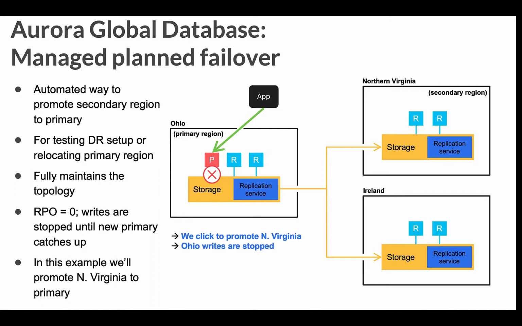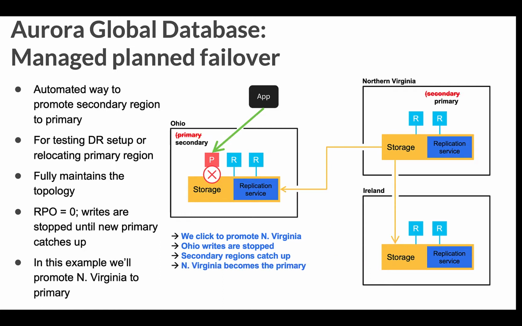Then Ohio writes will be stopped. So we make sure that we drain Ohio. We never lose any data. This is totally managed for you. And then the secondary region catches up to make sure it got all the writes that happened in Ohio. Then Northern Virginia becomes the new primary.